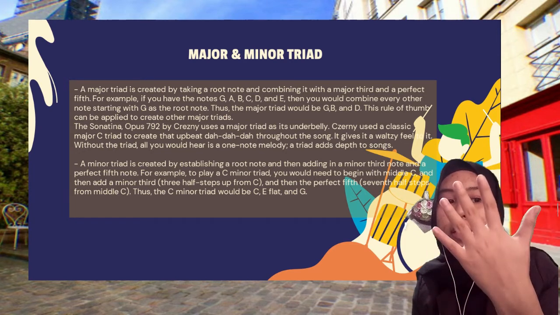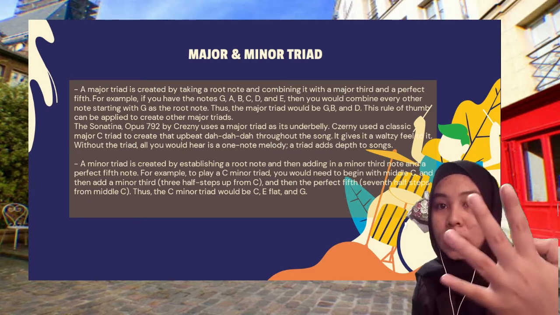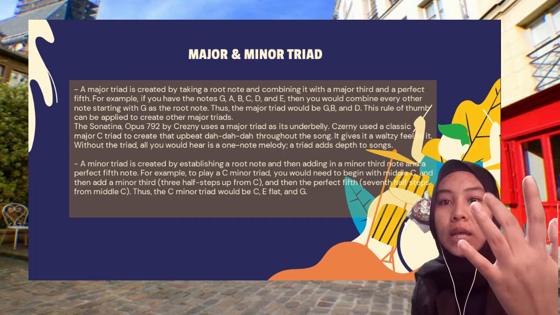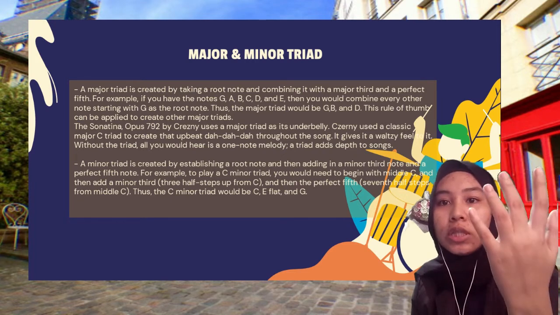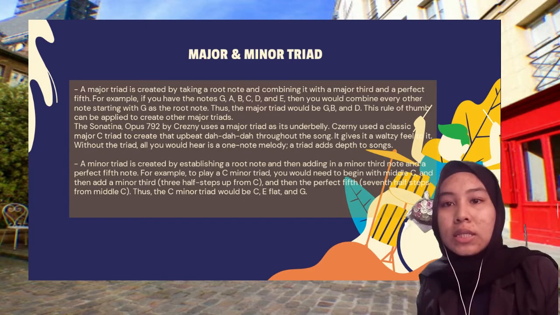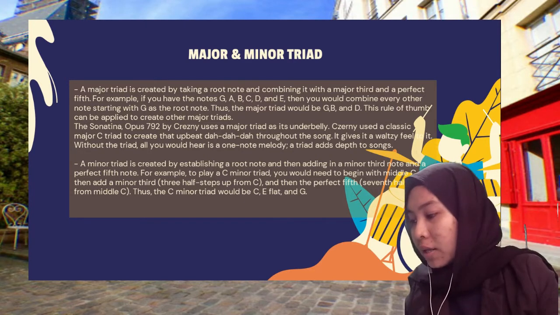So you have the note C as the root, the note E as the third, and the note G as the fifth. So that is the major triad.